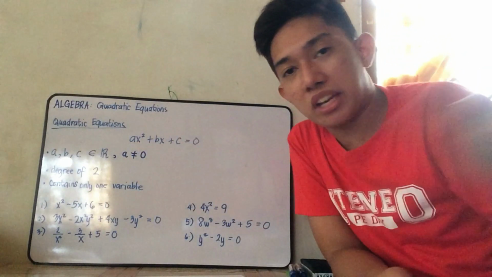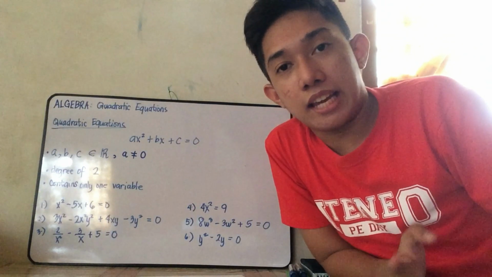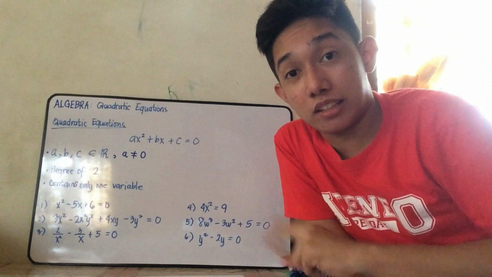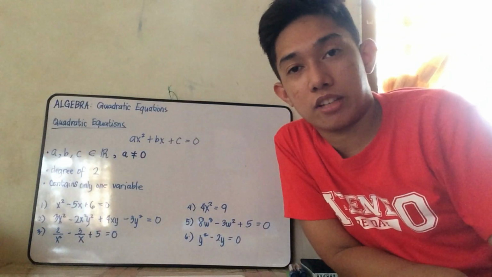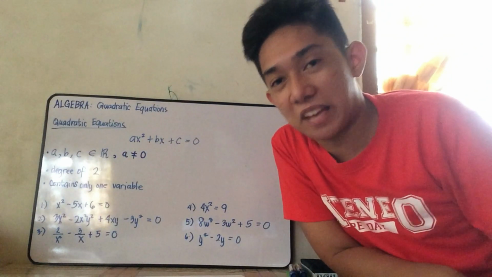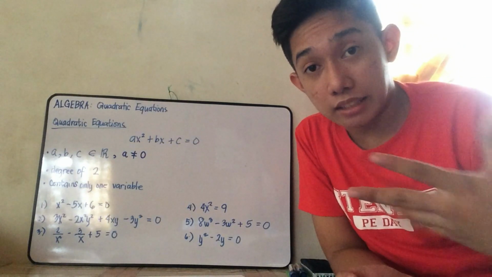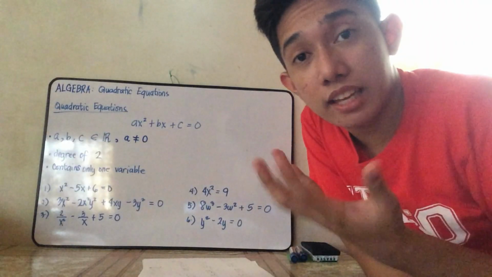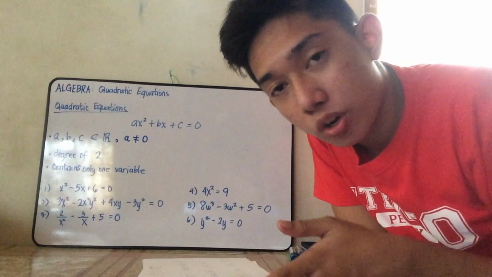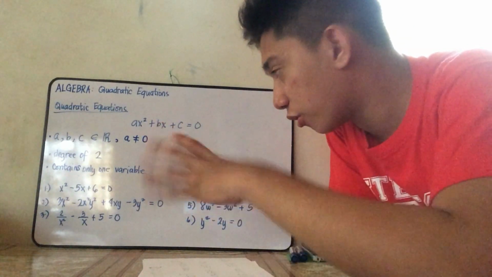Any variable, x, y, z, a, b, c, basta isa lang. Hindi pwede dalawa, hindi pwede tatlo. Iba na po yun na lesson, okay? And yun na po ang ating definition.